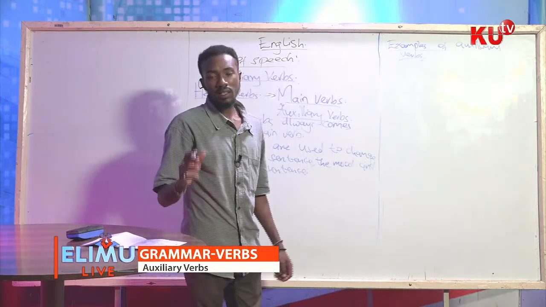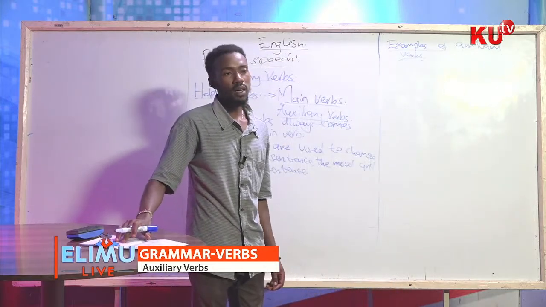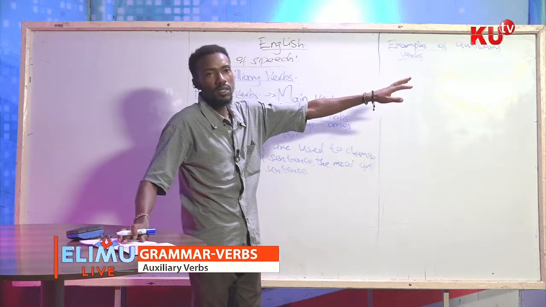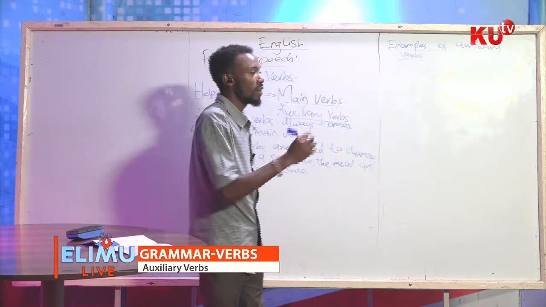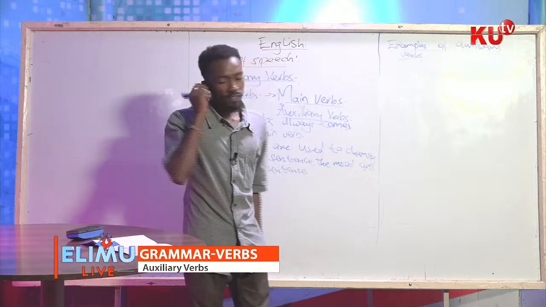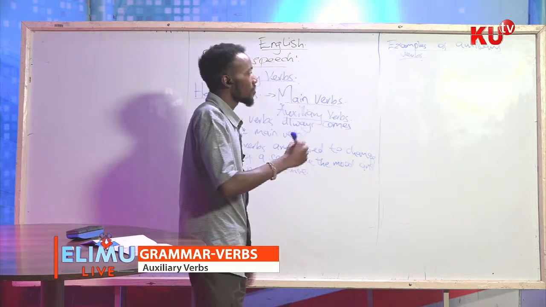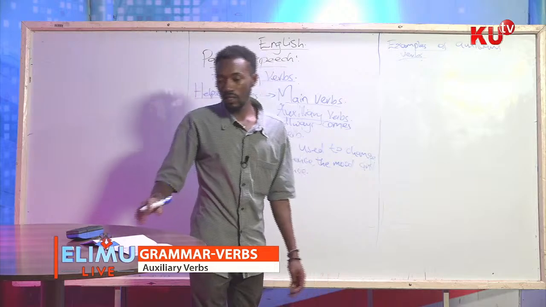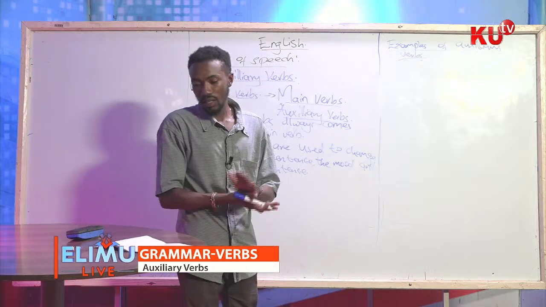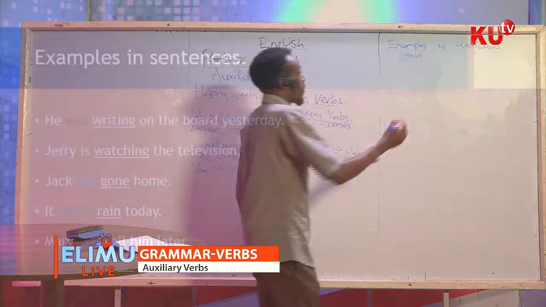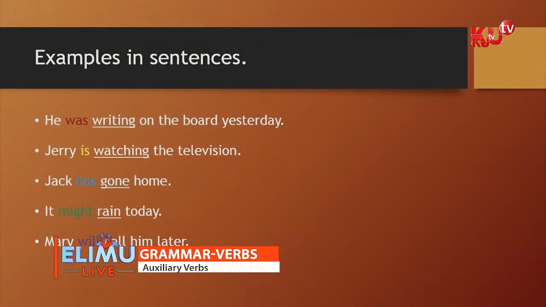And as I had stated before, these verbs should always appear before the main verb. So in a sentence, we have the main verb and the helping verb. For example, we have: He was writing on the board yesterday.